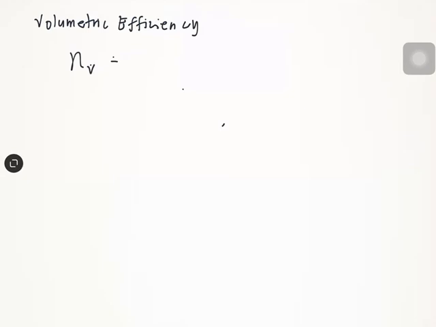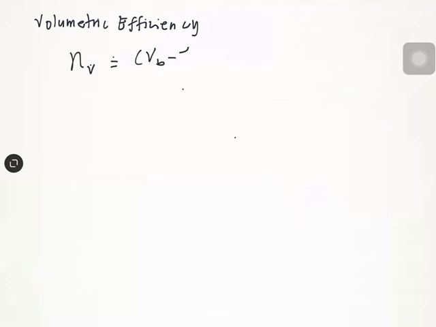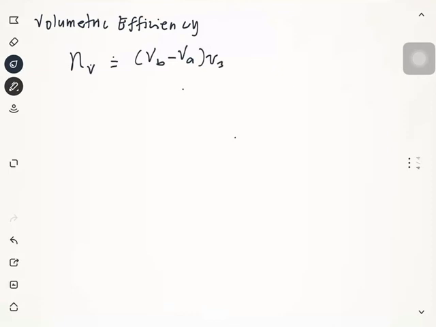So our volumetric efficiency would be this one, VB minus VA times this small letter v3, all over VB minus VD times the small letter vB.